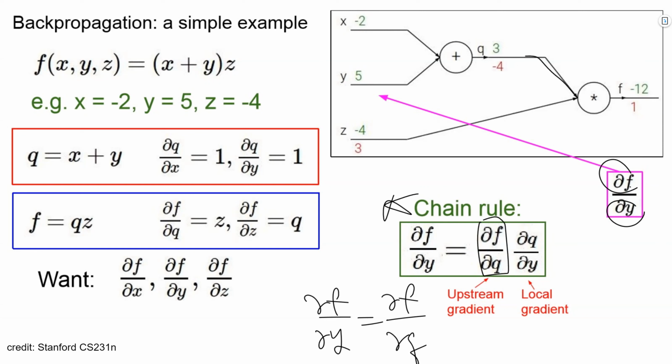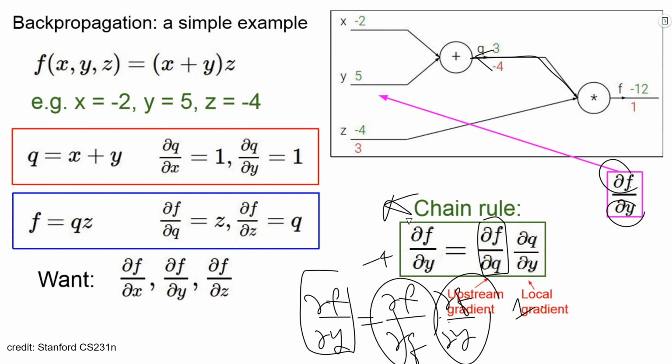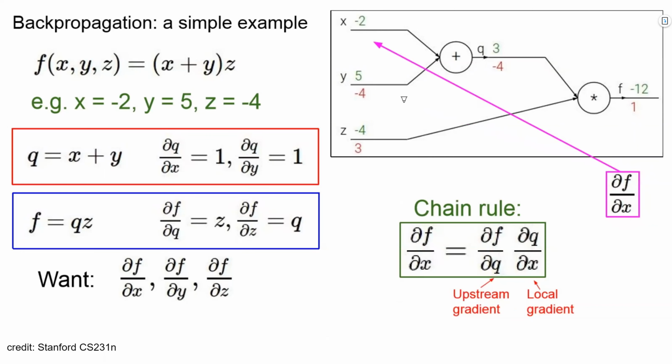So the gradient is flowing from the top, and the local gradient dq dy is multiplied with the upstream gradient. Then we can get the gradient of f in respect of y. And this was 1, this was minus 4. So we can put this value here, minus 4. And similarly, x has the same architecture. So minus 4, 1, and it's going to become minus 4.